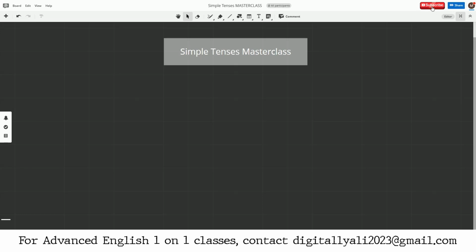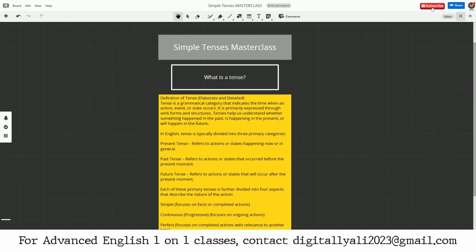First of all, what is a tense? An elaborate and detailed definition of tense would be that it is a grammatical category that indicates the time when an action, event, or state occurs.